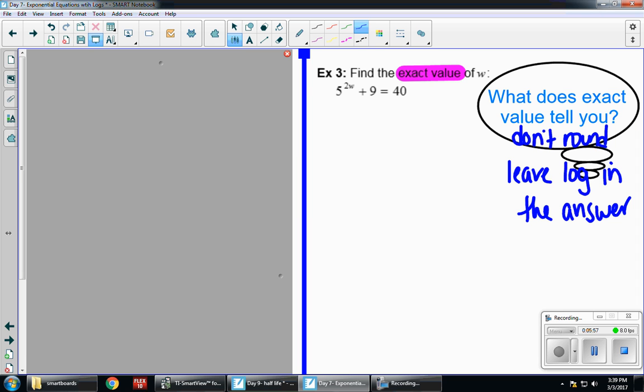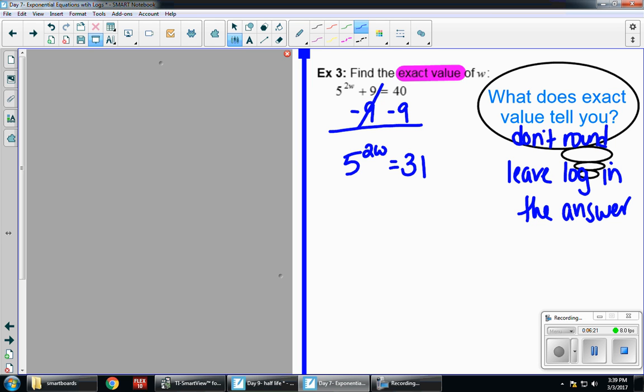So 5 to the 2w plus 9 equals 40. The first thing I need to do is isolate the base. So I need to get that 5 to the 2w by itself. So I'm going to start by subtracting 9 on both sides. So 5 to the 2w is equal to 31.